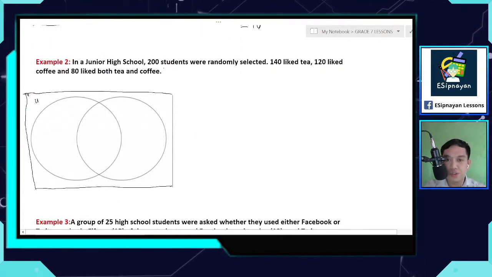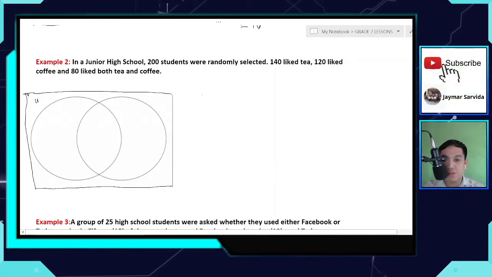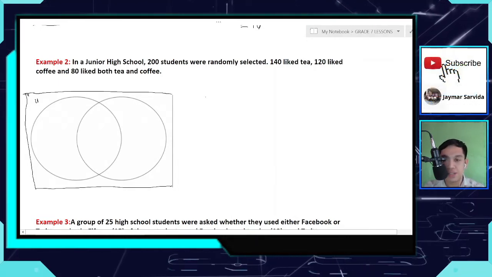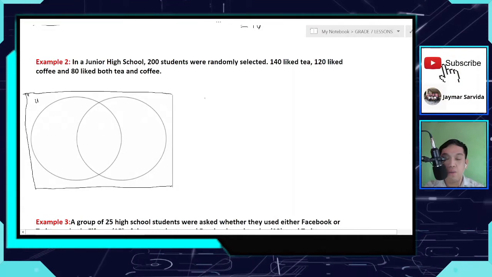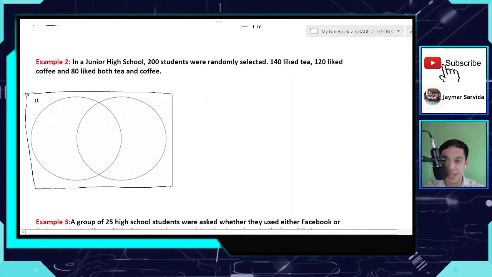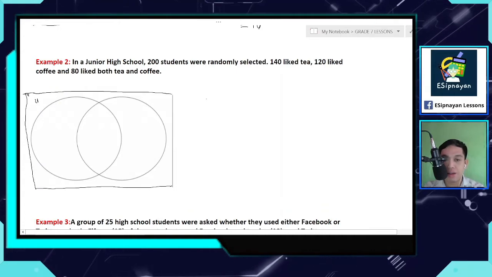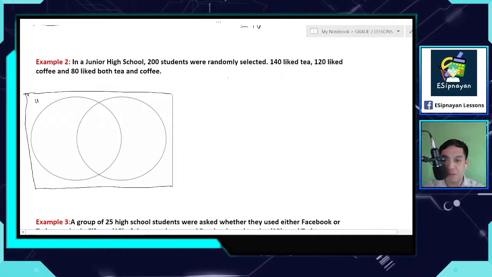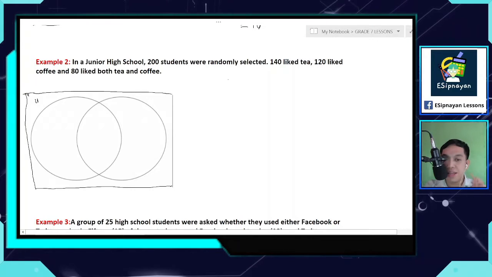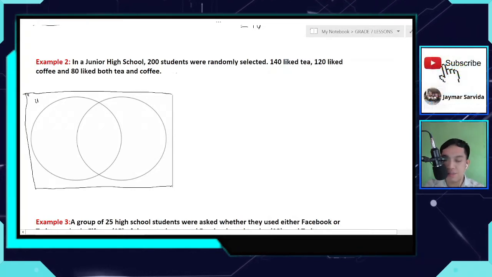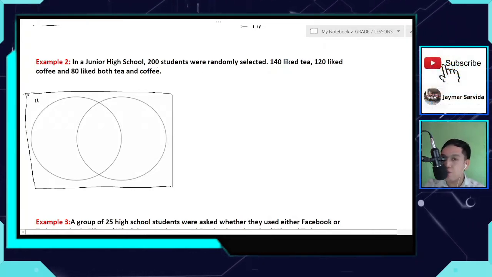In a junior high school, 200 students were randomly selected. 140 like tea, 120 like coffee, and 80 like both tea and coffee. So again, determine the given and what are being asked.